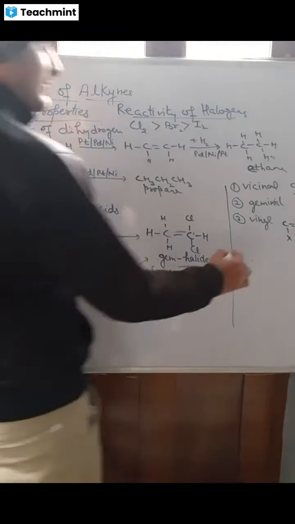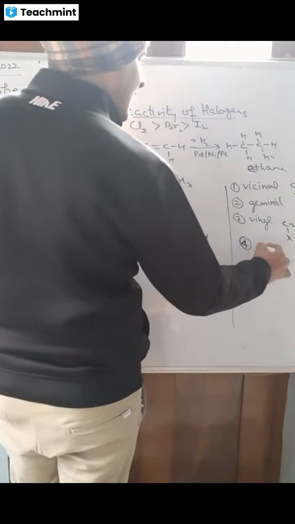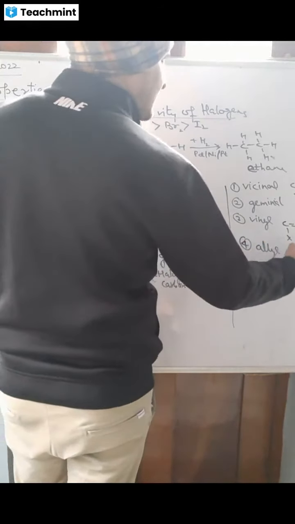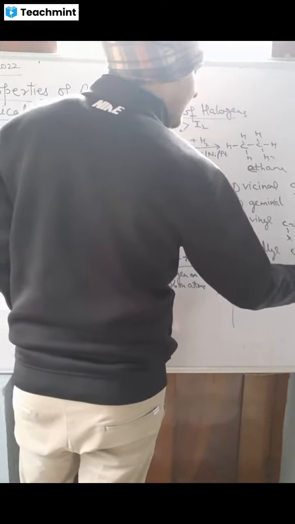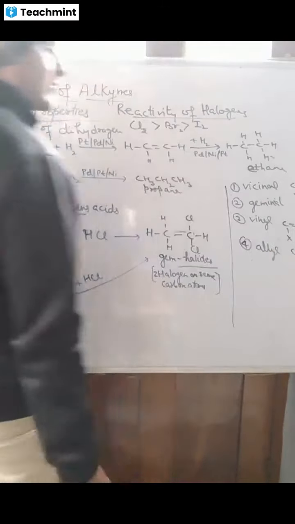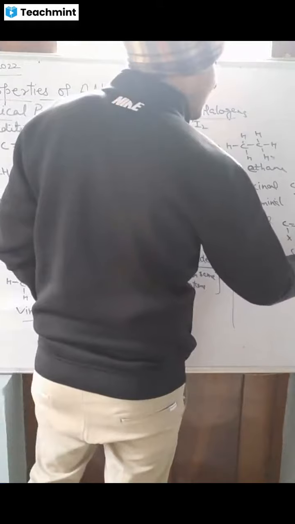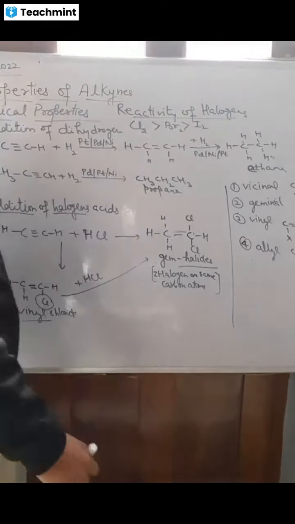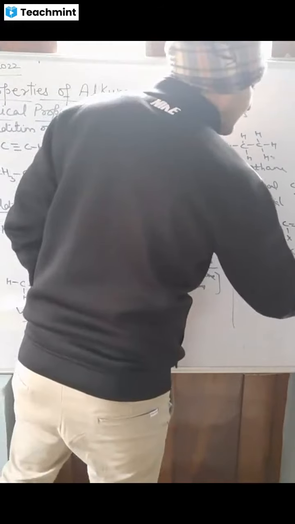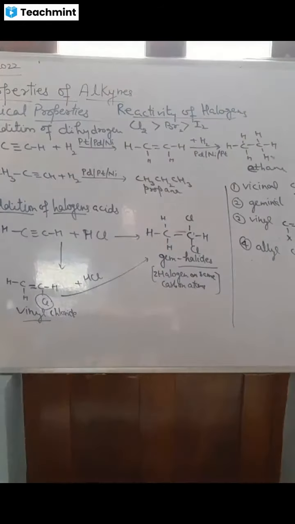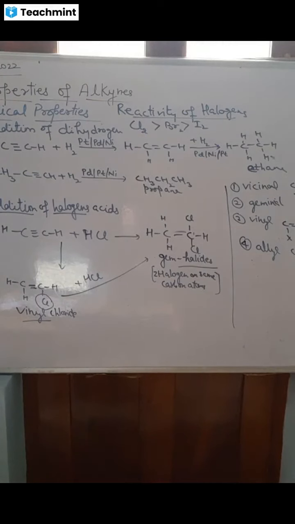If the group is connected to an sp2 hybridized carbon, it is known as vinyl, and if it is connected to an sp3 hybridized carbon, that is known as allyl. It can be halogens, alcohols, or any group.